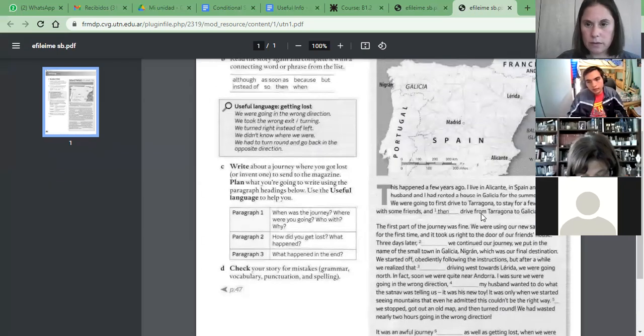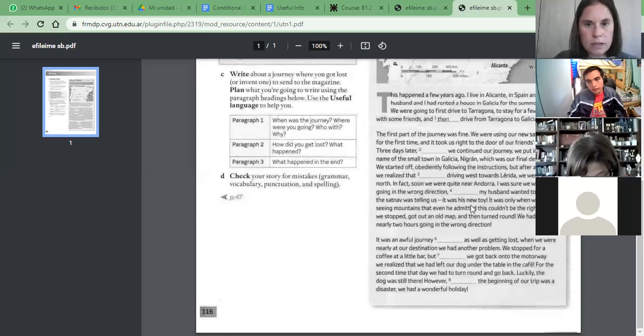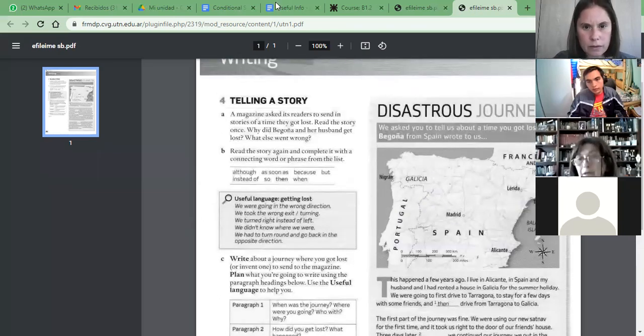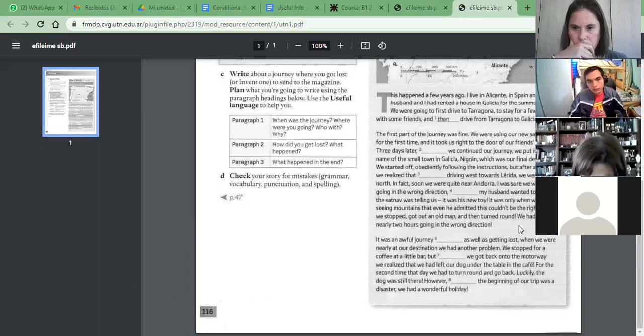Maybe because is number 8: however, because the beginning of our trip was a disaster, we had a wonderful holiday. I like although better there. So number 5, and number 8, although. Number 6.